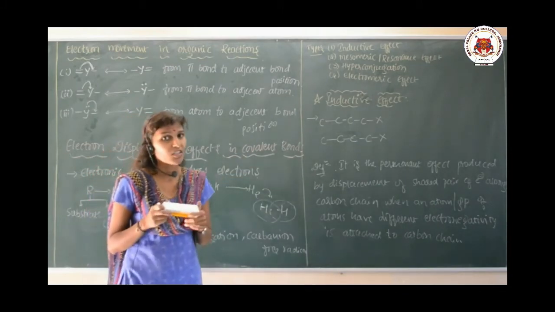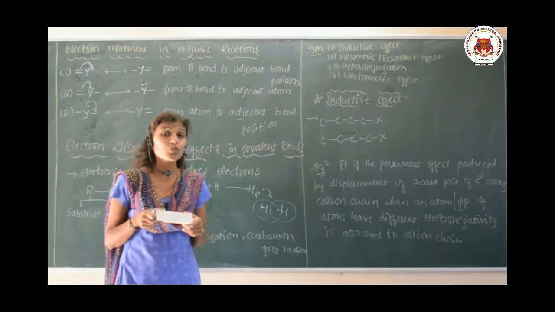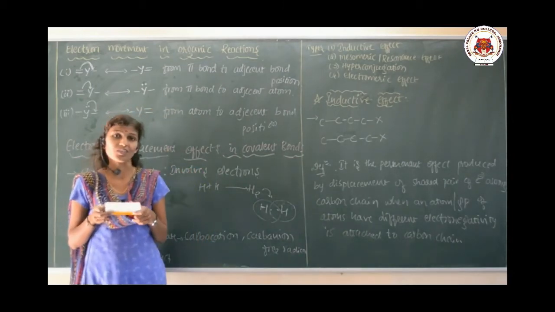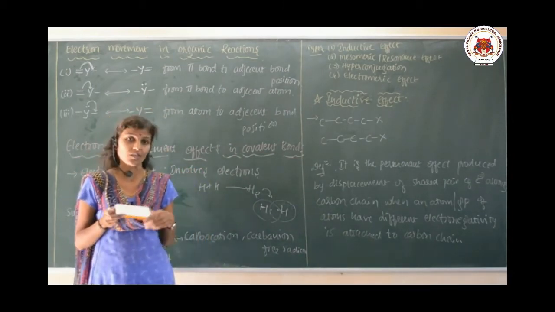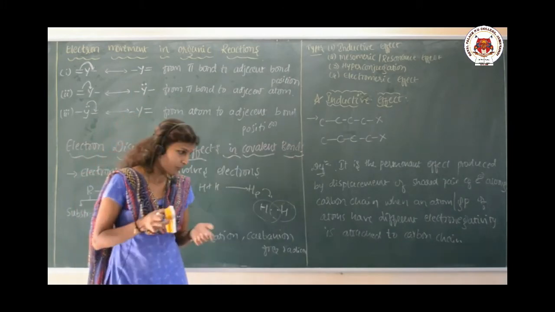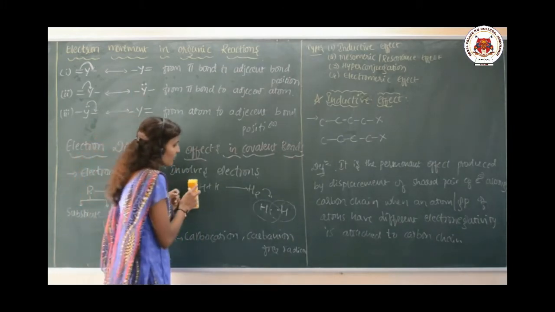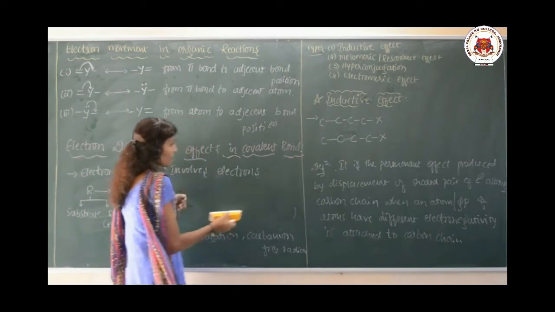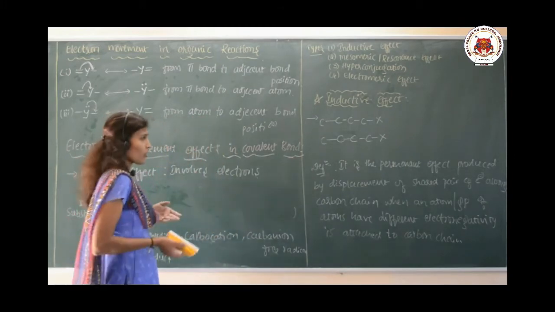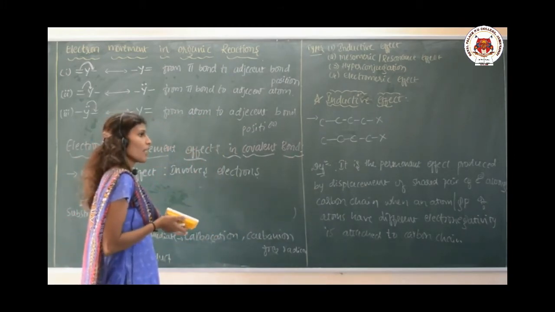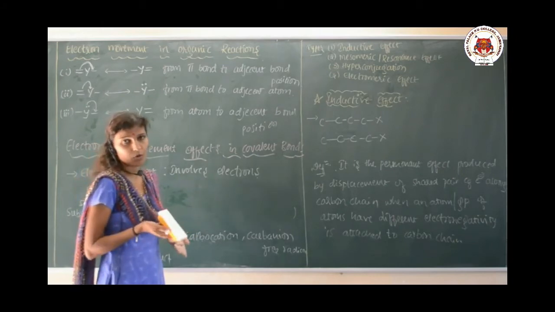The bond which is formed by the mutual sharing of the electrons, such a type of bond is called a covalent bond. And now we are discussing bonds like covalent bond, ionic bond, coordinate bond, that we are going to discuss in your chemical bonding chapter.